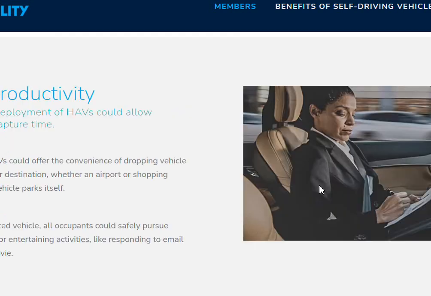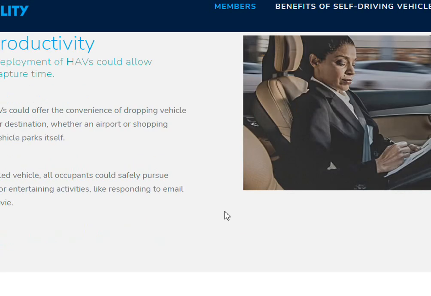And these cars could allow drivers to have more time while the vehicle is driving, so it is more convenient, more productive.